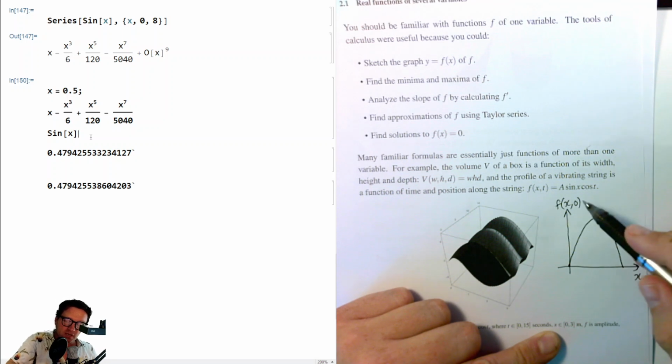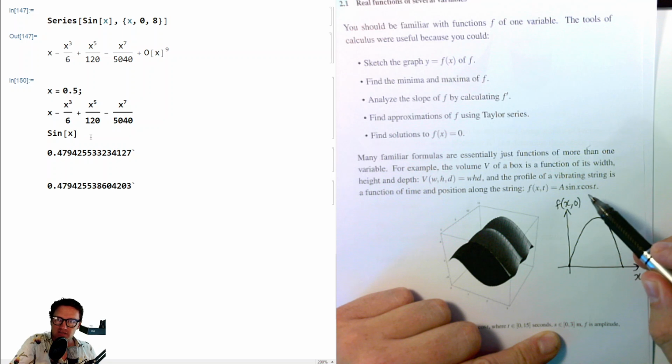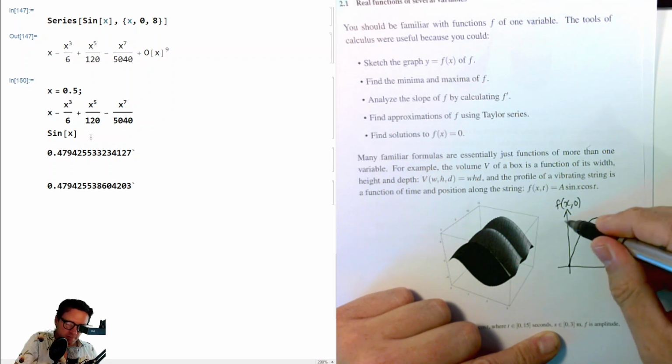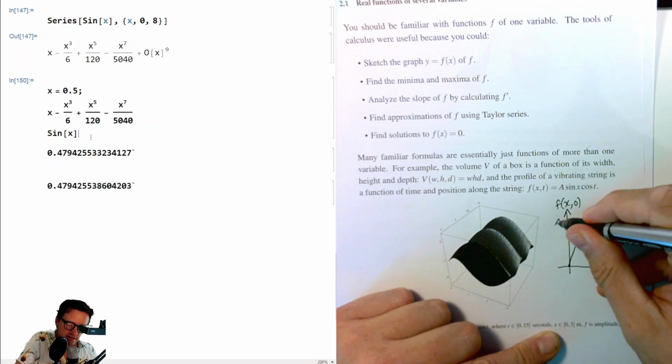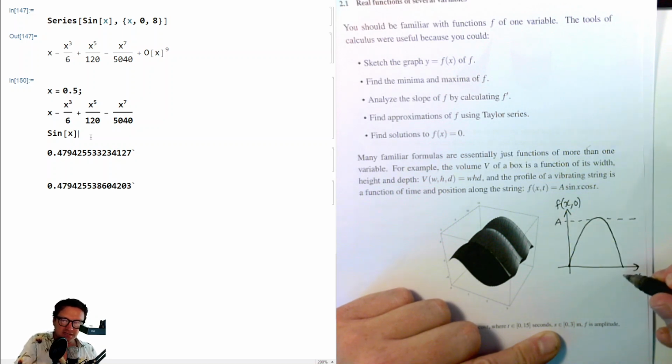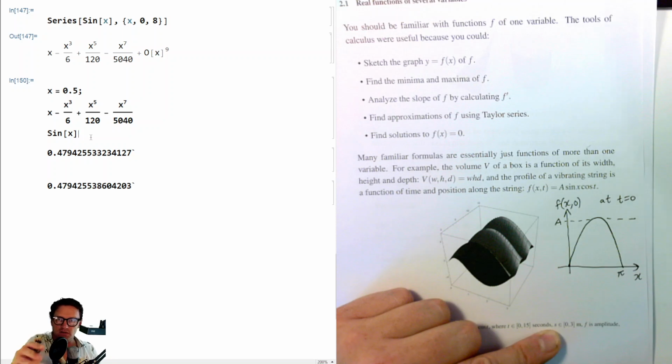Now, if I'm looking at this function f is equal to a sine of x cos of t, then the top of that is the amplitude, that's the height, so that is a, and this down here would be pi radians, where it comes back down. Now this is at t equals 0.